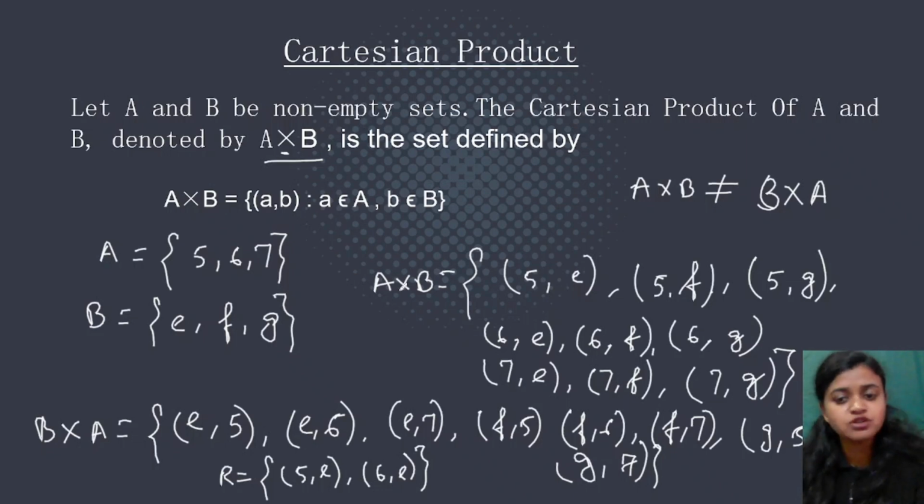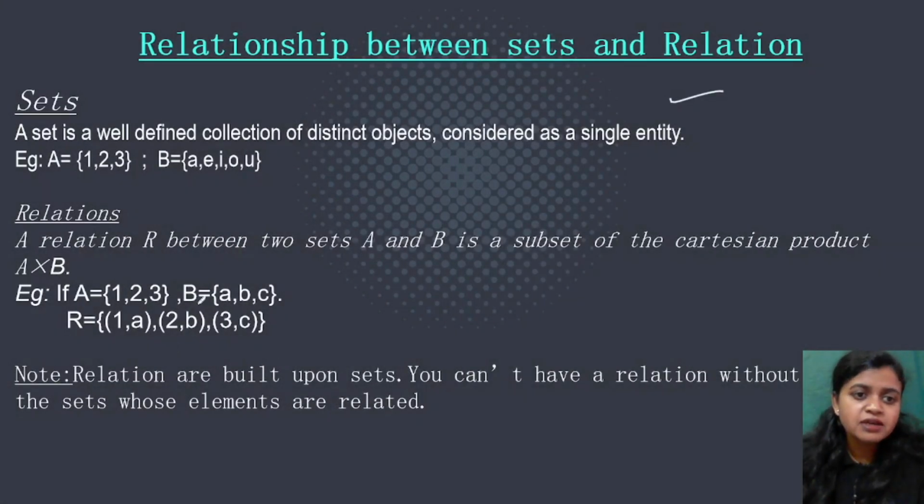A subset of A cross B. In the next slide, this is defined here. A relation R between two sets A and B is a subset of the Cartesian product A cross B. So if the sets are A and B, a relation could be (1, a), (2, b), (3, c). These are a subset of what? A subset of A cross B.